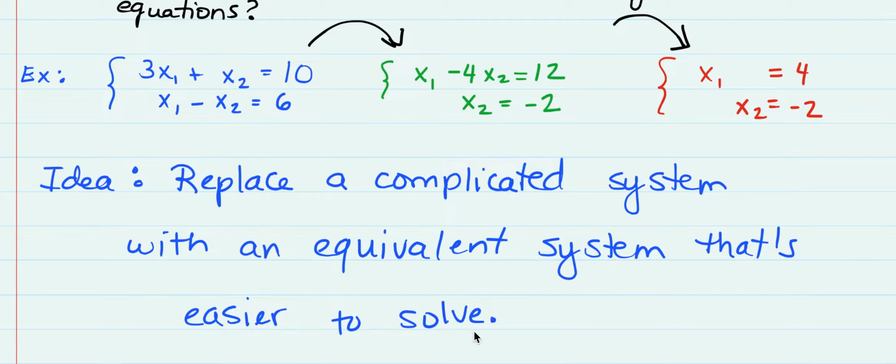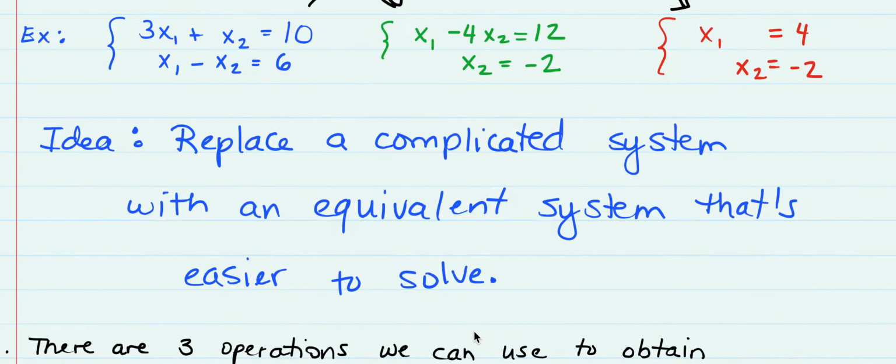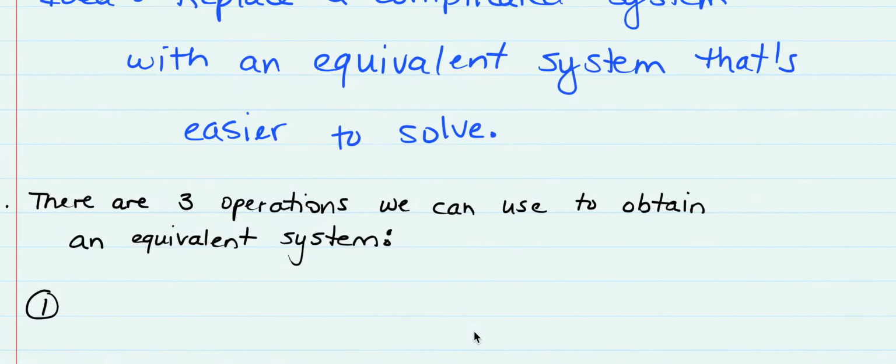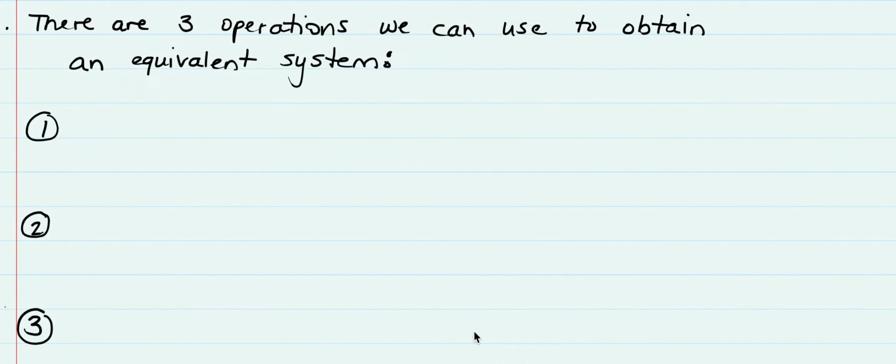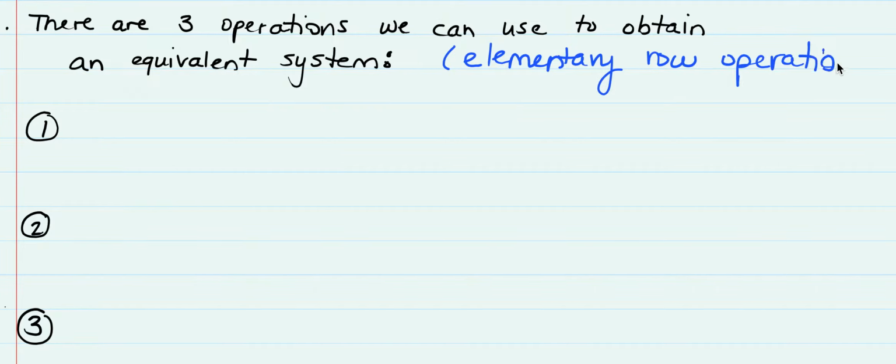To do that, we're going to have to talk about 3 types of elementary row operations. So there are 3 operations we can use to obtain an equivalent system. These are called elementary row operations. You're going to use these a lot. So I would definitely write these down, but you'll get used to each one of them.